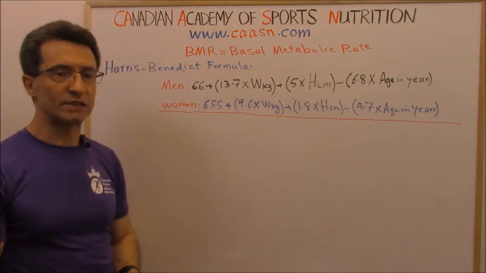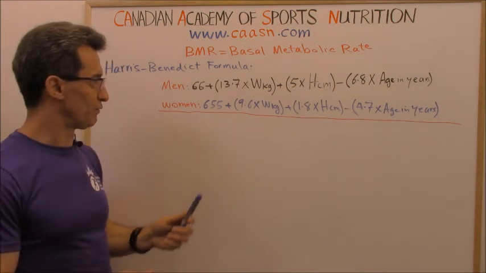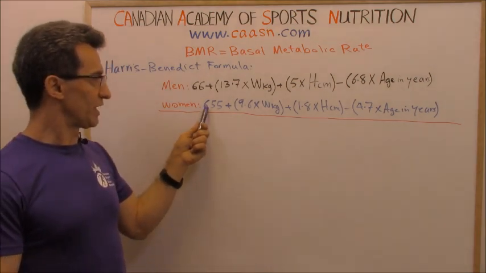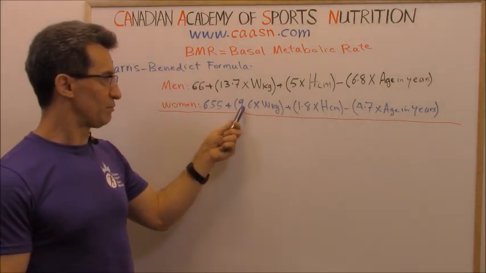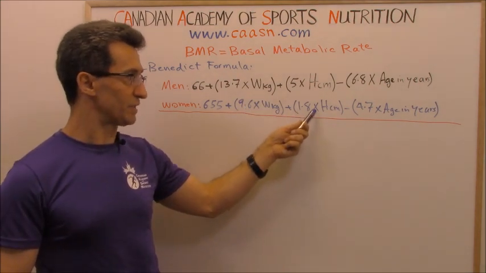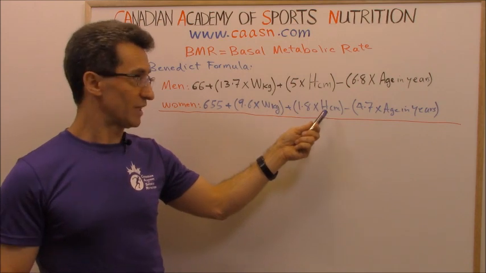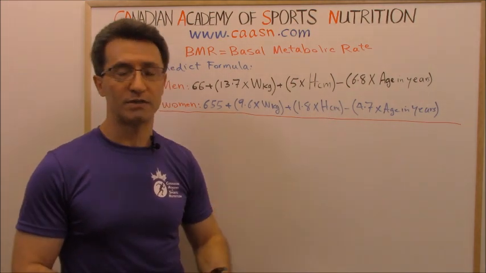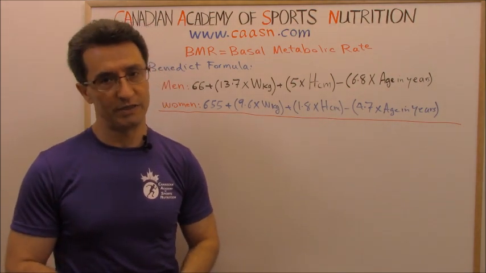And for women it is definitely a little bit different. For women, we have 655 plus 9.7 times your weight in kg plus 1.8 times your height in centimeters minus 4.7 times your age in years.